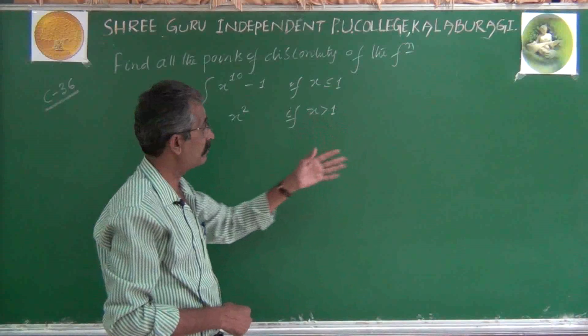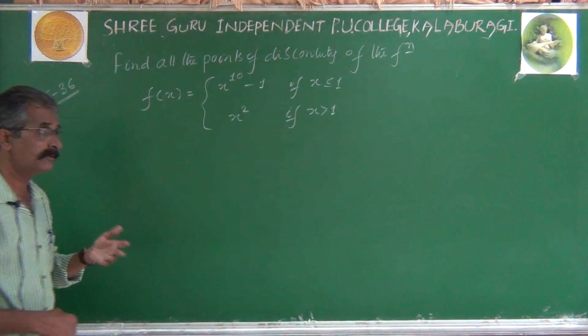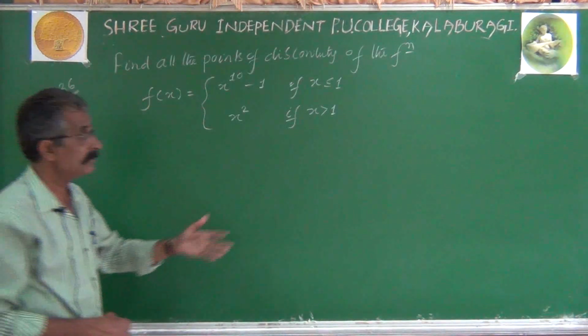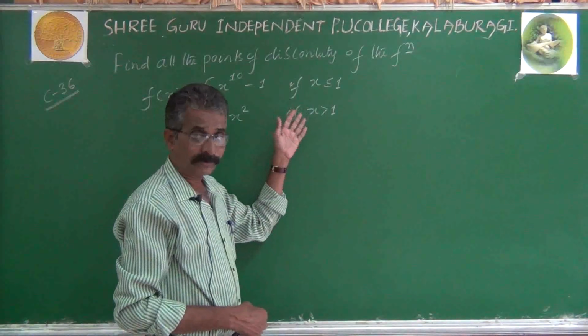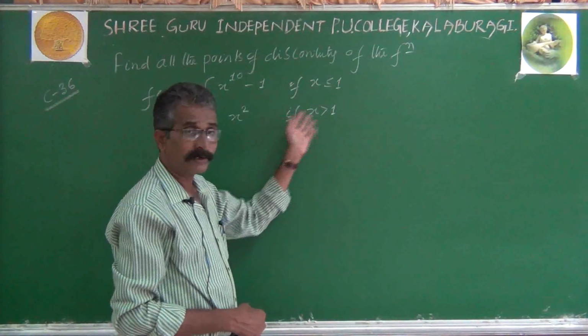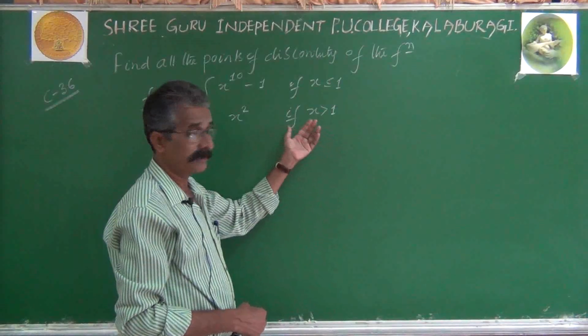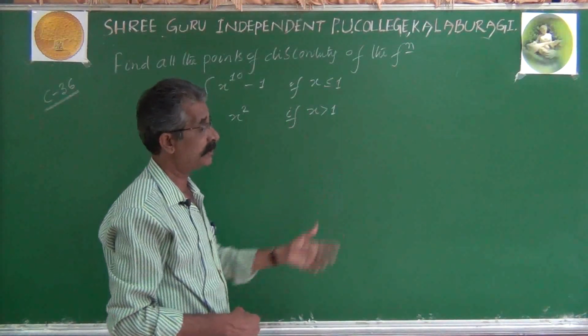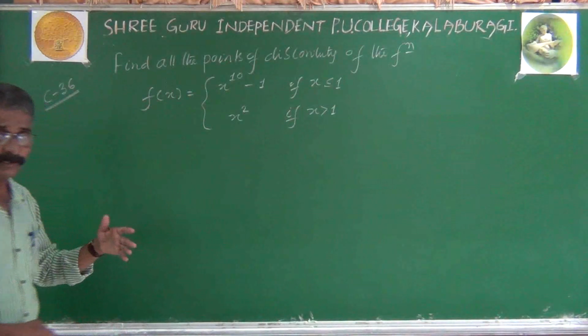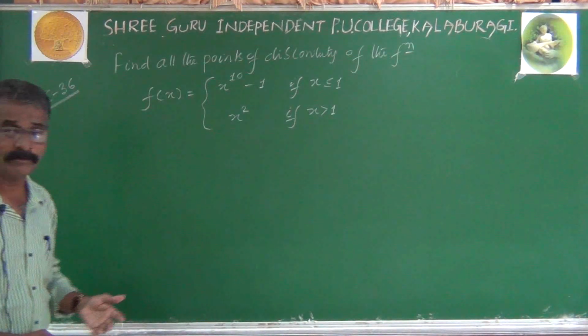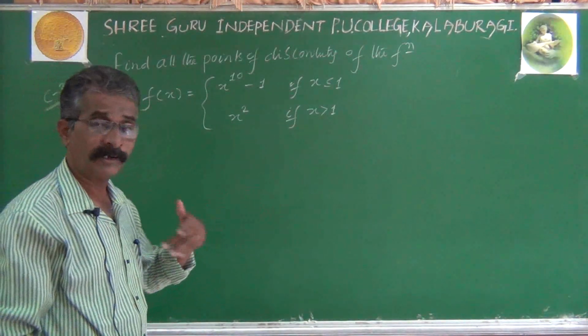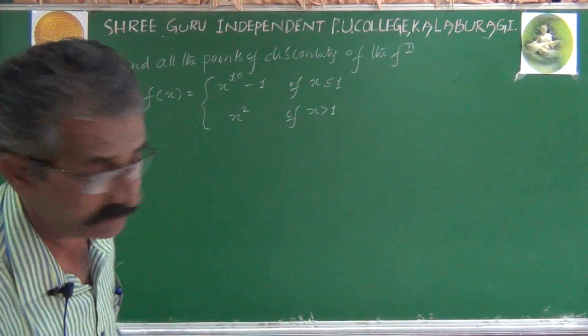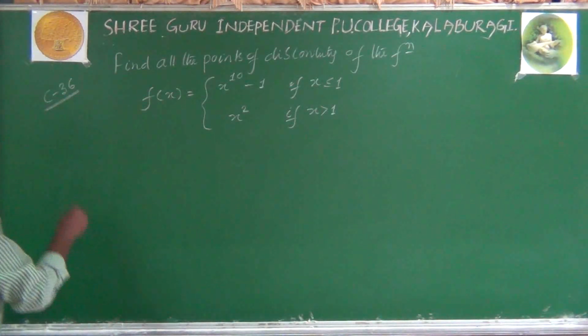For x greater than 1, the function may be continuous or discontinuous. But you are not able to take all the values of x, because there are an infinite number of values of x. That's why we shall apply the method already discussed, that is, we discuss in a generalized manner. Right, solution.